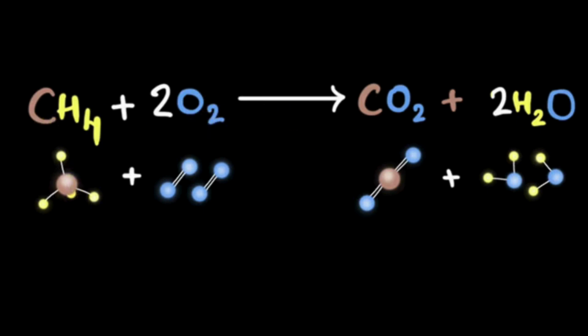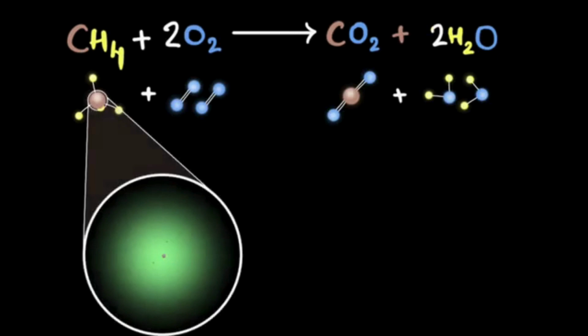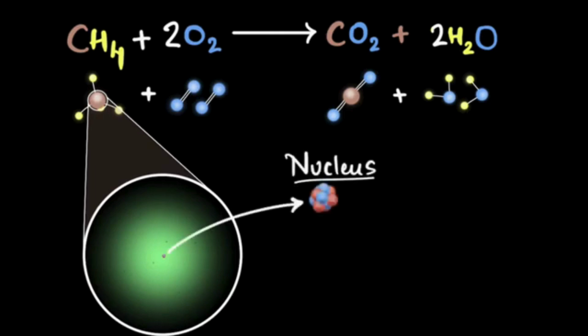Well, to answer that question, we need to dig deeper. I mean, literally. If you were to look inside, say, a carbon atom, you'd probably find electrons zooming around. But if you zoom in to the center, you would get the nucleus of the carbon. And you probably already know the nucleus of an atom contains protons, which are positively charged particles, and neutrons, which are neutral particles.